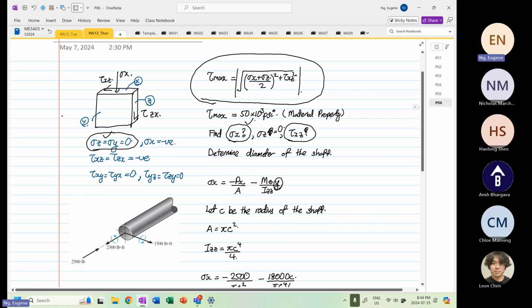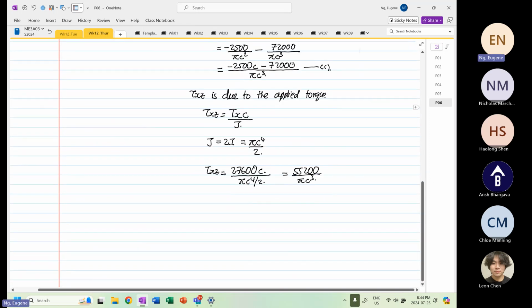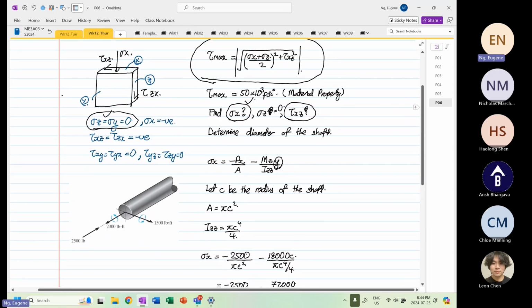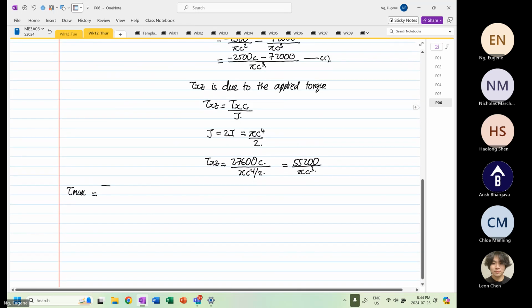Tau max is equal to the square root of stress x plus stress z divided by 2, the whole thing squared, plus shear xz, the whole thing squared.